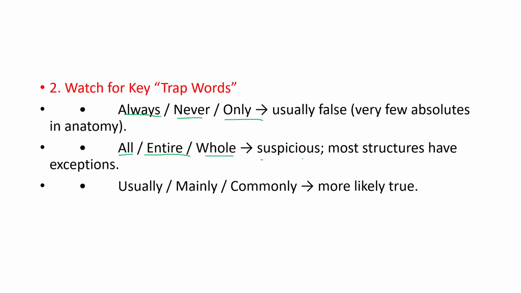These are suspicious. These are intermediate words which have some suspicious things. Most structures have exceptions. Remember, for example, all the small bowel parts are supplied by this artery. So we have some suspicious things, so whether it is correct or not.